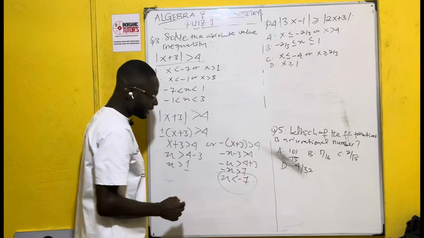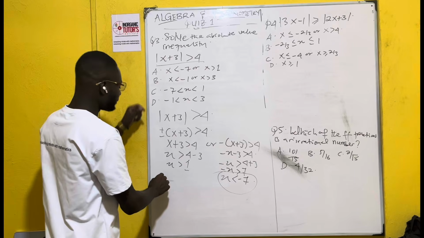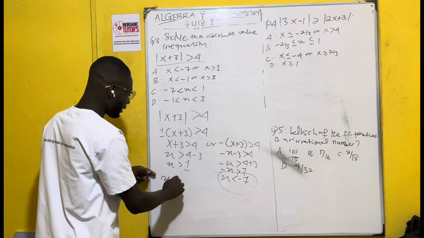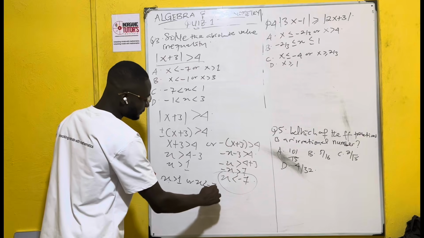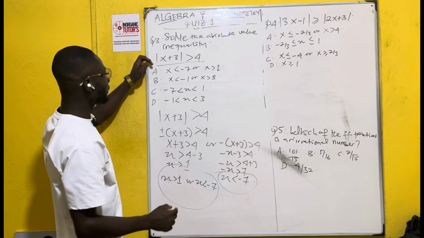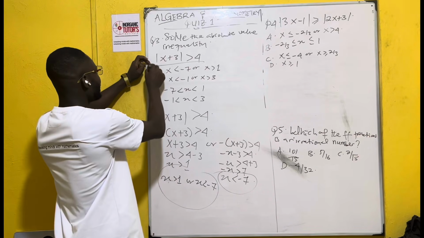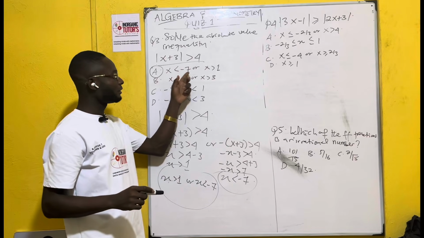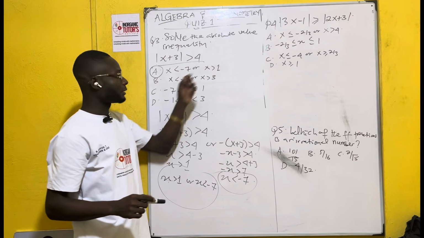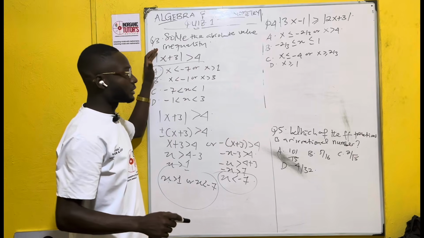So the answers for the absolute value are x greater than 1 or x less than negative 7. So the right option is A, x less than negative 7 or x greater than 1. That is question 3.